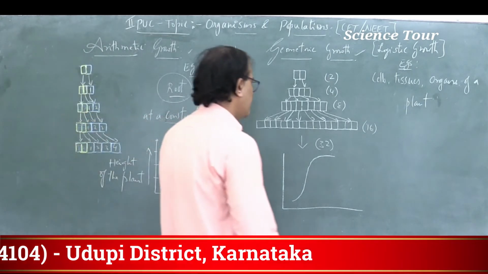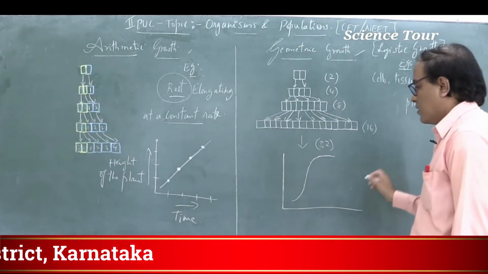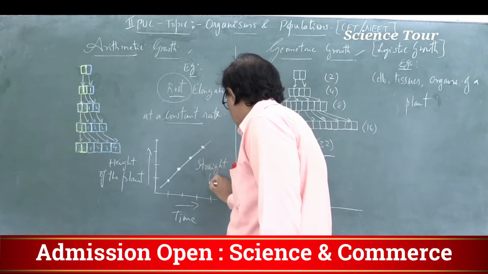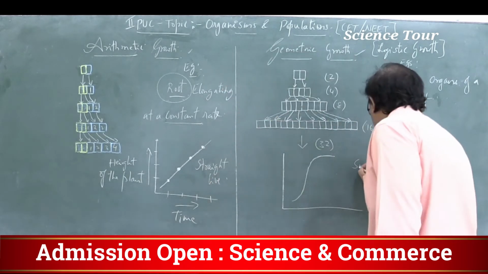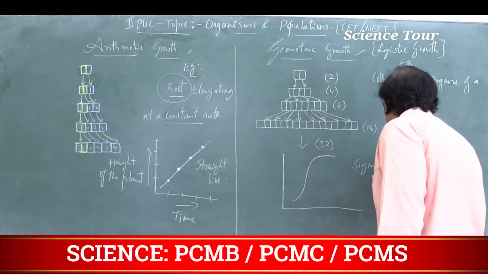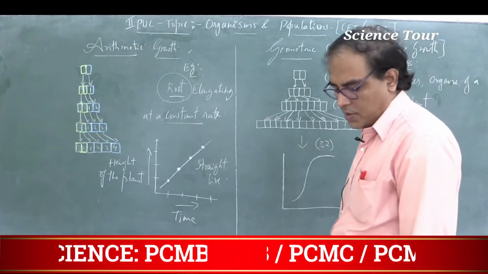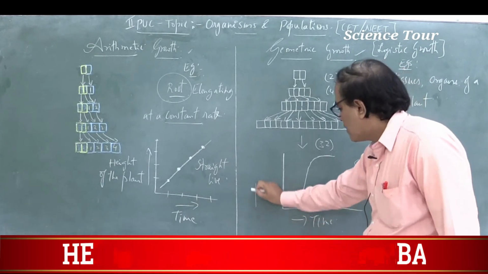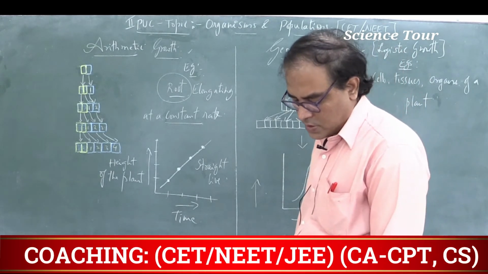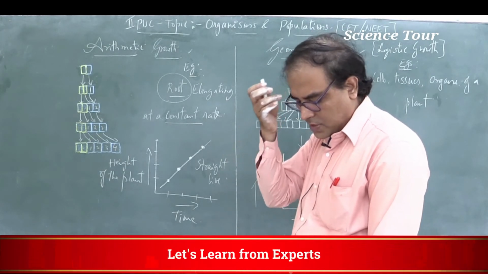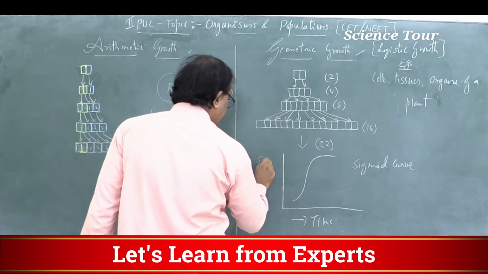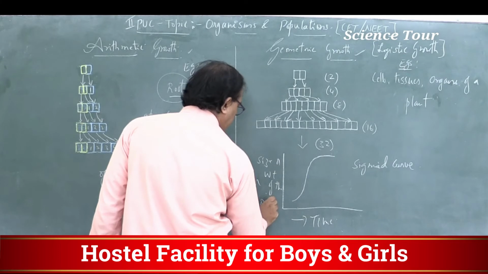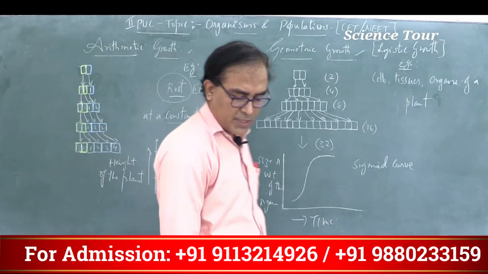But in case of geometric growth, you can see what? Here it is a straight line, then you get a sigmoid curve. So you have to plot again time along the x-axis, and along the y-axis the size or weight of the organ. So you will get the sigmoid curve.